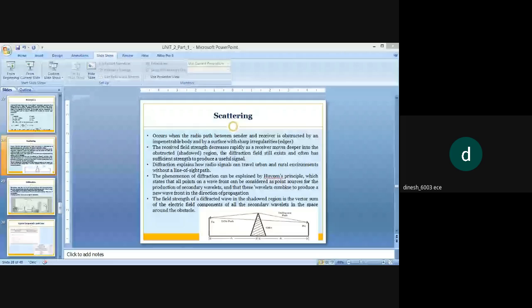The medium in which the wave travels may consist of objects with dimensions on the order of the wavelength, where the number of obstacles per unit volume would be large, such as rough surfaces, small objects, foliage, street lights, lamp posts, etc. There are many more.